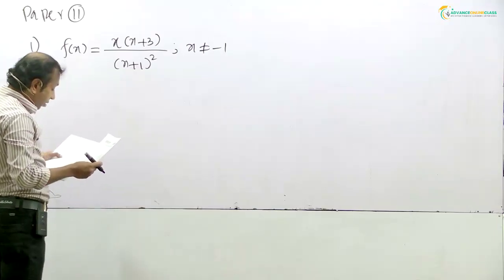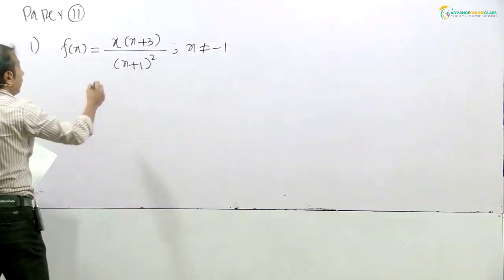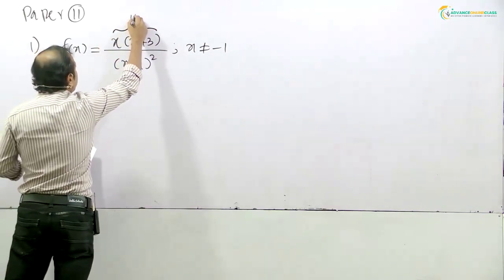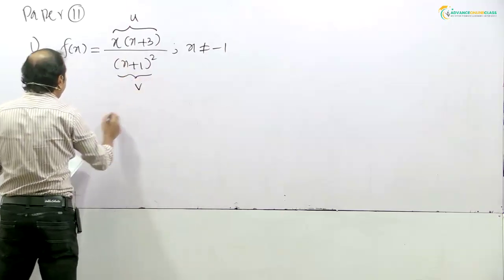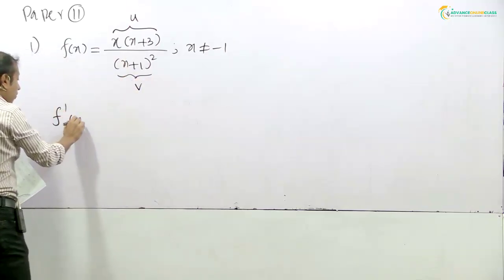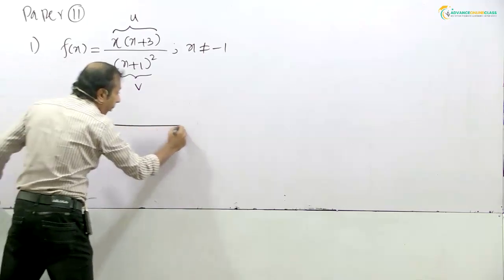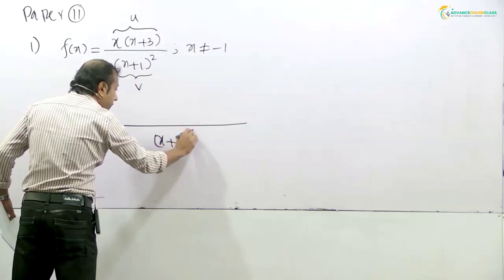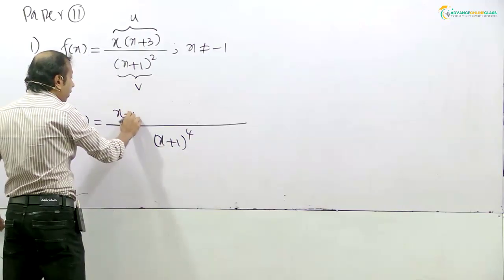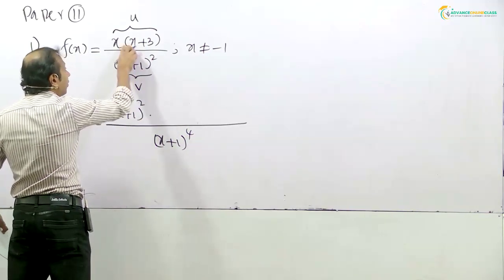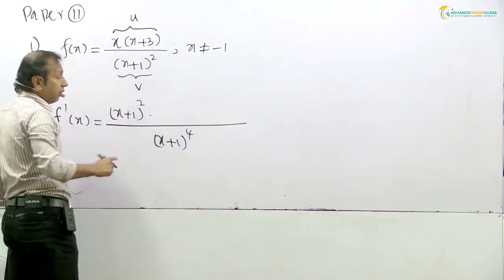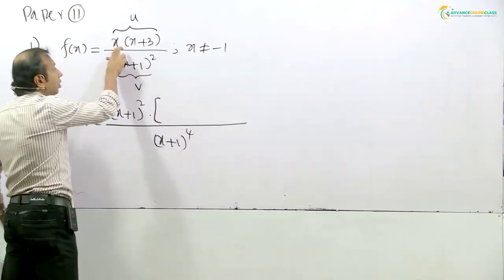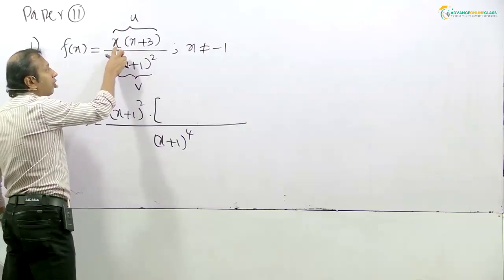Show that the first derivative of f(x) relative to x is given by this, right? Take this as your u, take this as your v, f dash x equals, right? Here, square this, right? And same thing you must write here. And multiply this, right? People, when you differentiate this, don't take this as u into v form.